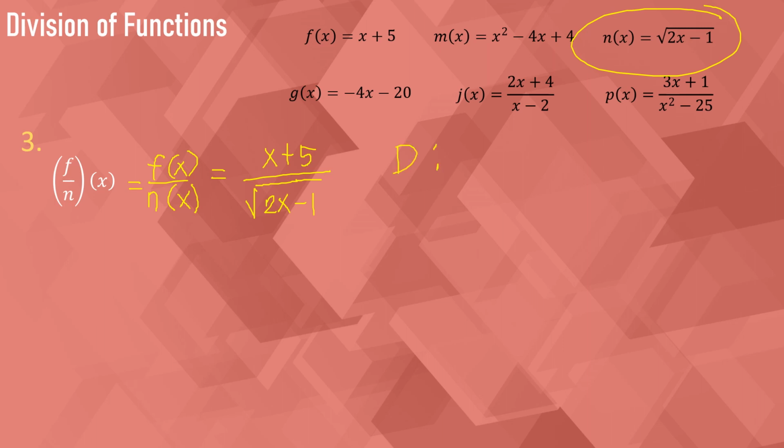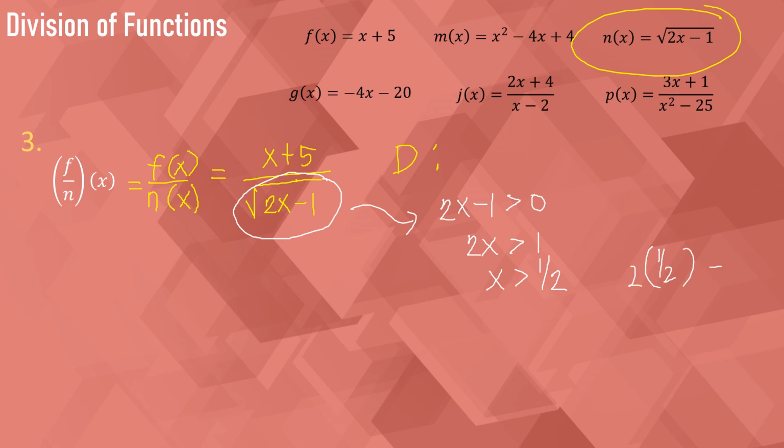But before that, the denominator cannot be 0, right? So 2x minus 1 must be greater than 0. So 2x is greater than 1, so x must be greater than 1/2. Why only greater than 1/2? Because if you use 1/2, then 2 times 1/2 minus 1 is 1 minus 1, which is 0. The denominator cannot be 0, so we avoid 1/2. Therefore, the domain is the set of all real numbers greater than 1/2.